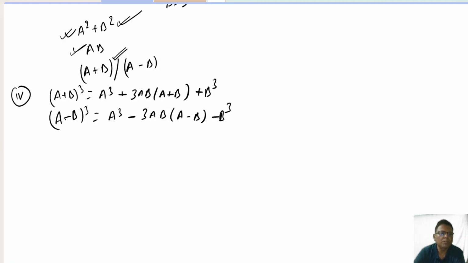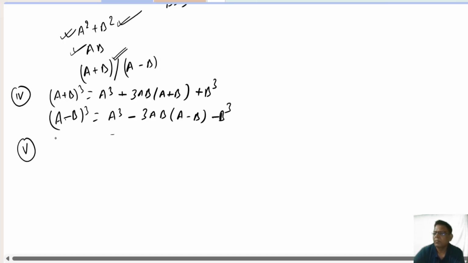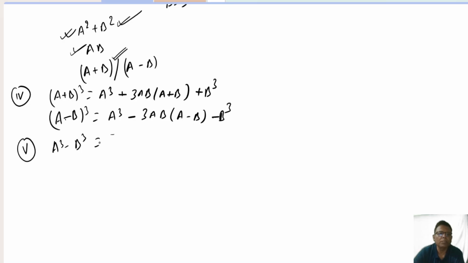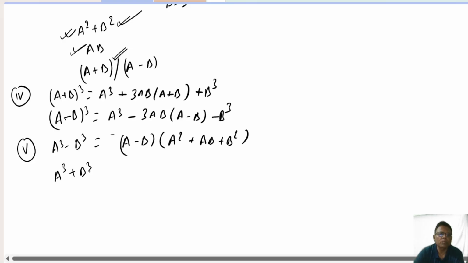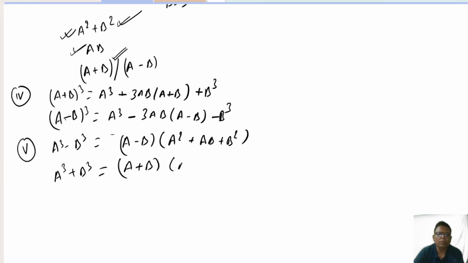Now come to the fifth formula. Fifth formula is a cube minus b cube is equal to a minus b into a square plus ab plus b square, and a cube plus b cube is equal to a plus b into a square minus ab plus b square.